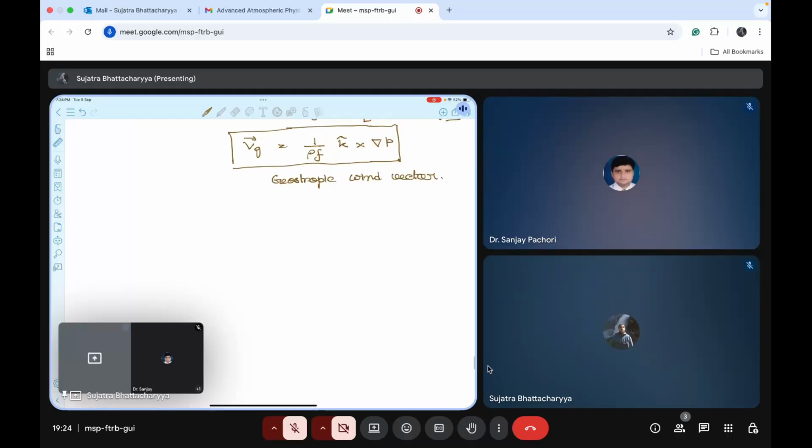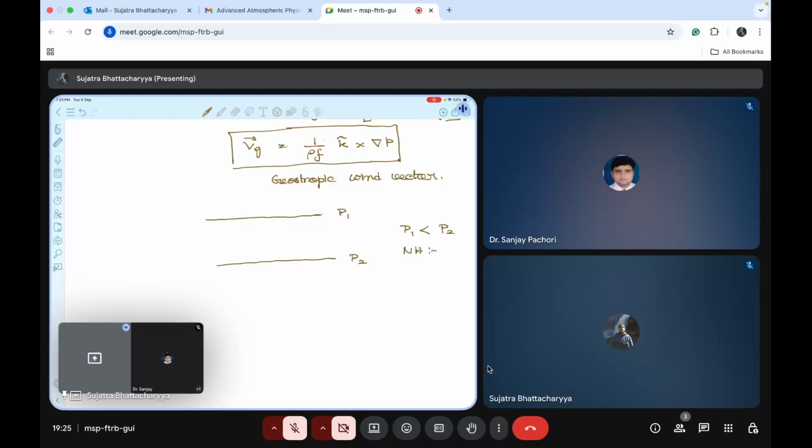So how can we say that? Suppose you have isobars like this. Isobars means lines of constant pressure, surfaces of constant pressure. I'm drawing them as lines. So this is P1, this is P2. Okay, and I'm saying that P1 is less than P2. Okay, and it is the northern hemisphere. What does that mean?